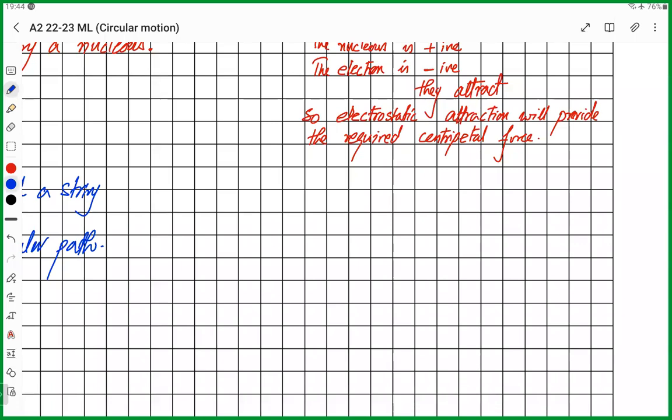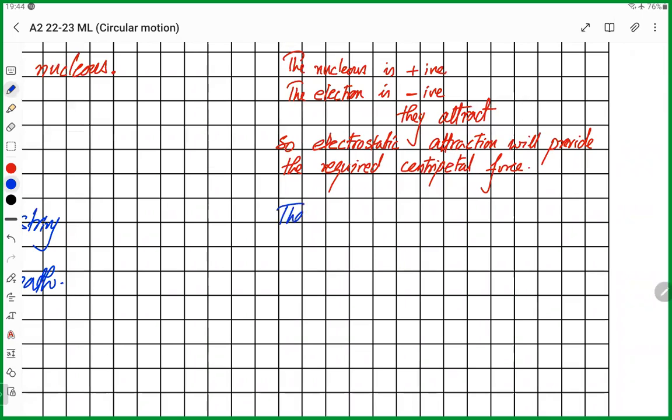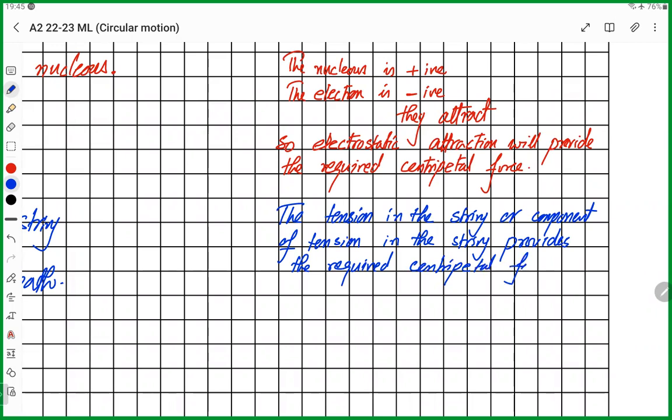Otherwise, the object cannot move in a circular path. So the tension, or a component of tension, in the string provides the required centripetal force.